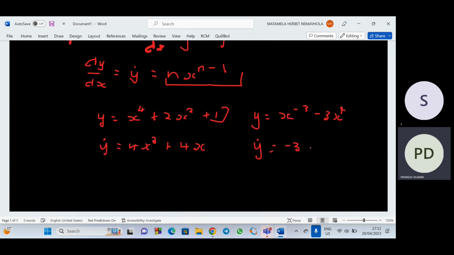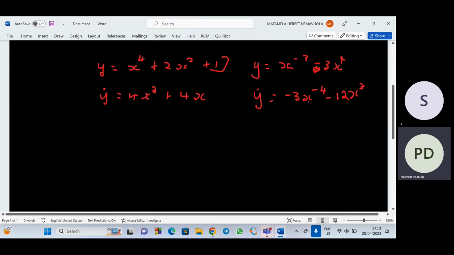It's going to be negative 3x to the power negative 3 minus 1, which is minus 4. And then your 4 comes down: negative 3 times 4 gives us negative 12, because of this negative there, then x to the power 3.